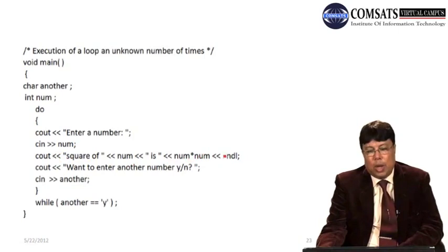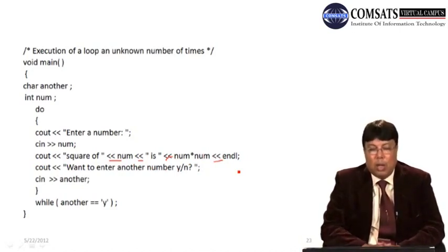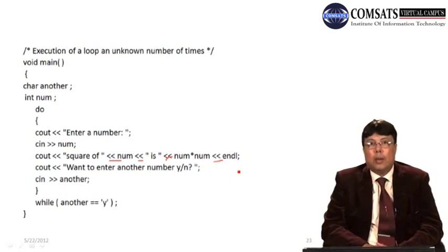And now square of the number is this number. So you can see the power of this cout and the convenience. Without using the format specifier, you can use one cout and keep on passing different arguments one after the other. It will print all the data, whatever you pass through this extraction operator.